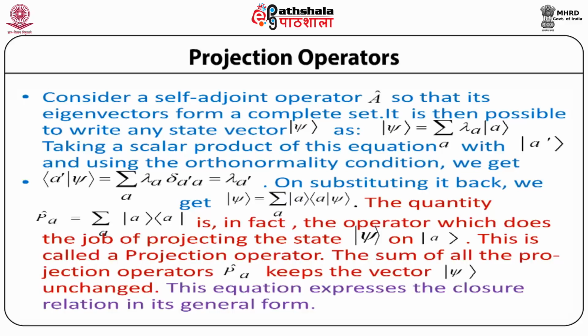The sum of all the projection operators P_A keeps the vector |ψ⟩ unchanged. This equation expresses the closure relation in its general form.